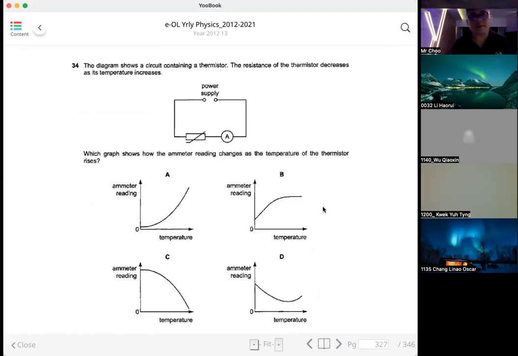Okay, you all remember what is a thermistor? The greater the temperature, the smaller the resistance, the higher the current. So what would this be? Okay, Yu-Ting, correct. Okay, quickly give me the answer.